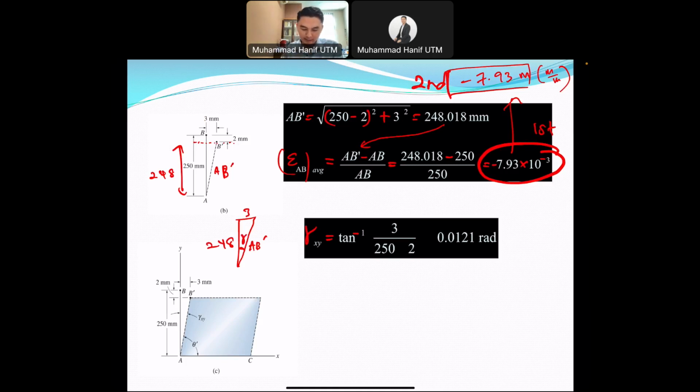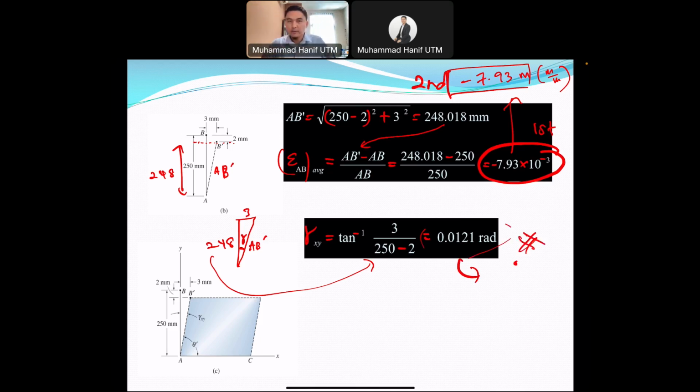Inverse tangent of 3 over 250 minus 2, so this one is 248. And the answer should be in radians. Don't forget, the answer should be in radians. If you provide the angle in degrees, then the answer will be wrong. So this is the final answer.